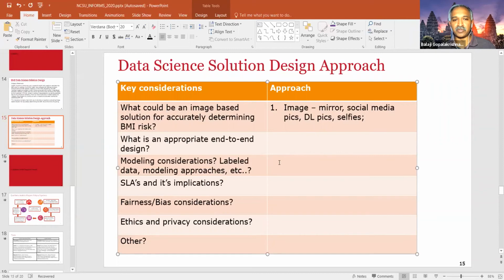So let's maybe move to this one. Now that we have zeroed in on the fact that we will use a selfie to make a prediction, what would be the prediction? What are we trying to model here? That's the thing we were talking about. Are we trying to predict the correct BMI?